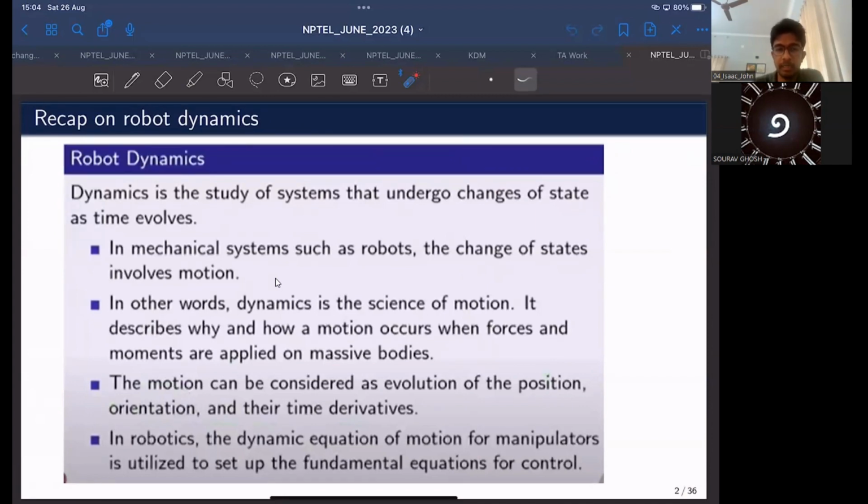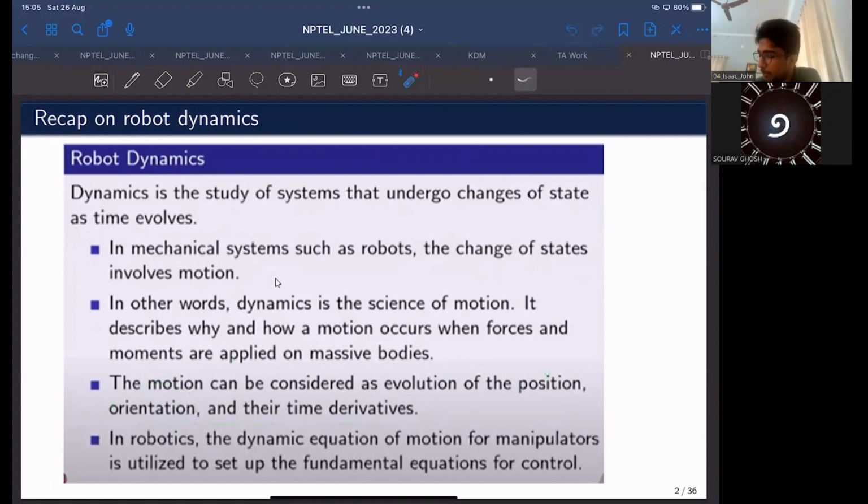But from a robotics perspective, in mechanical systems such as robots, the change of state involves motion, and it also involves forces, because it's the forces that could be causing the motion, and as a result of motion, you would be encountering some sort of forces in all of these joints, right?